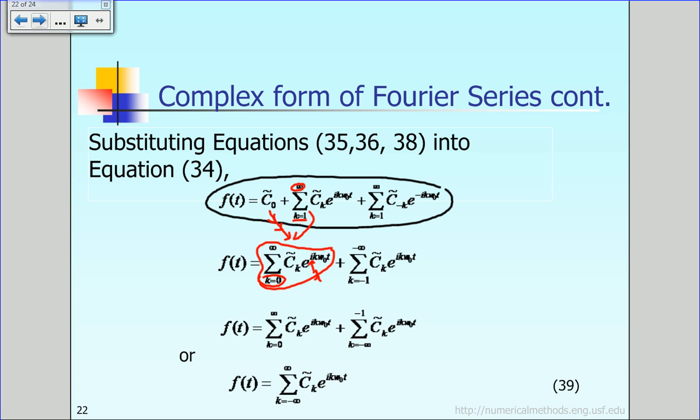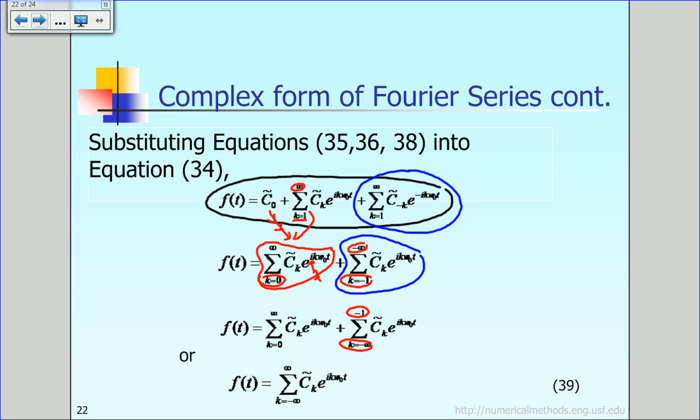Now there's another trick that we can do. This summation right here, instead of saying k goes from 1 to infinity, we say it goes from minus infinity to minus 1. Nothing is changed. By the way, just in case you want to find out why the second term right here becomes this term in here, the reason is very obvious.